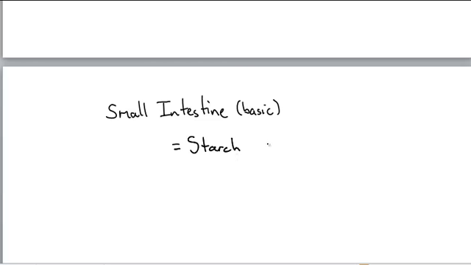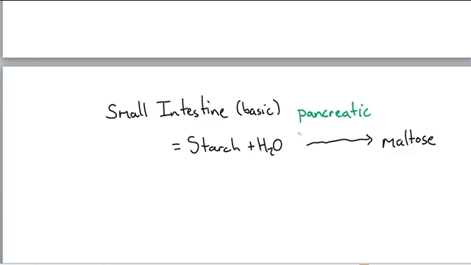We didn't have enough time while it's in the mouth to actually finish the process. So we pick up and continue when we get into the small intestine. And again, we take those to maltose. But this time, instead of salivary amylase, we use something called pancreatic amylase. Pancreatic because it's made in the pancreas and then secreted into the small intestine.